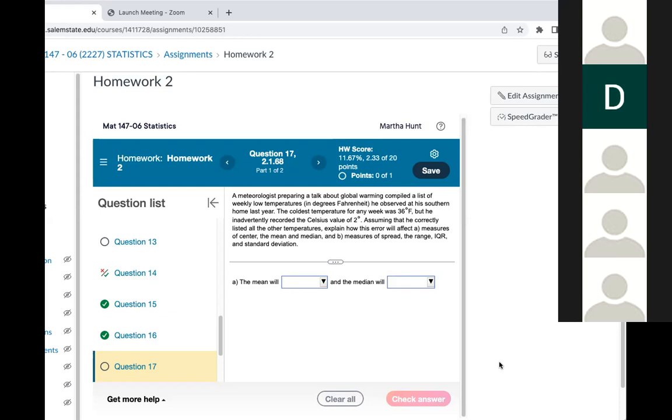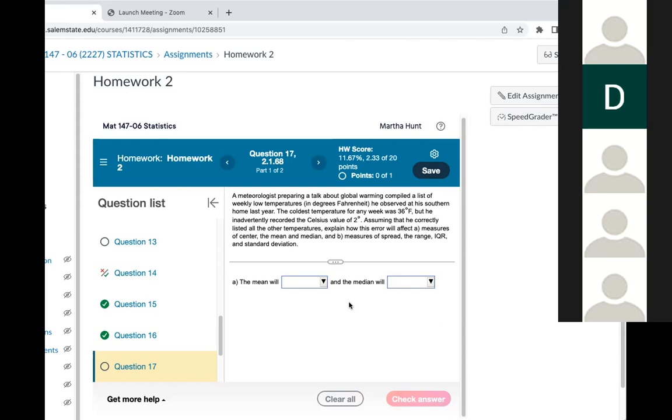So long story short, he blew it. Instead of recording 36, he recorded 32. He made a mistake. So what is it going to do to the mean? The wrong value was less than it was supposed to be.